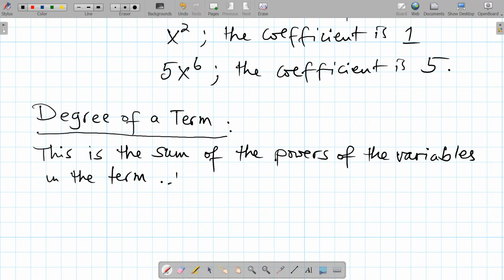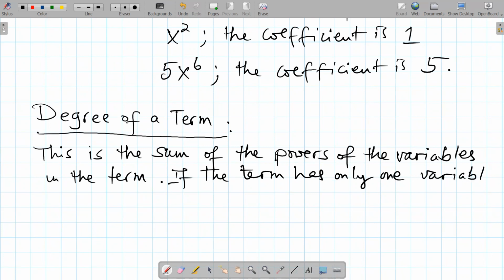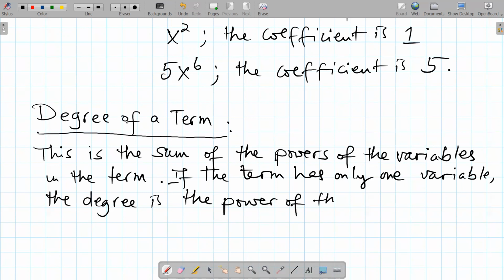So note that if the term has only one variable, then the degree is the power of that variable.